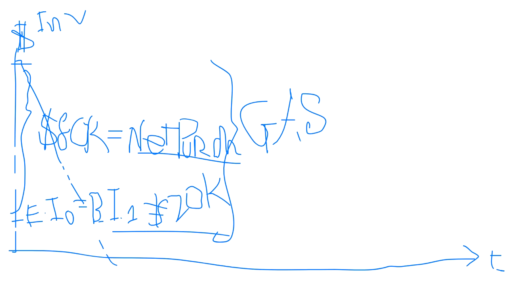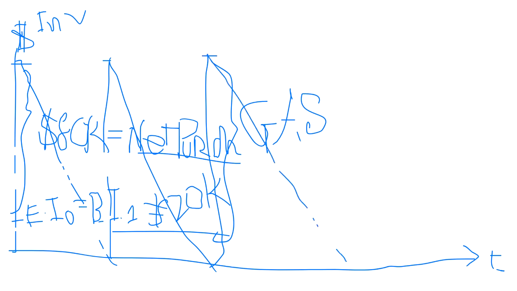So you order again, back to 100,000, and then you quickly ran down, right? So you ordered another 100,000, and then you quickly ran down again.